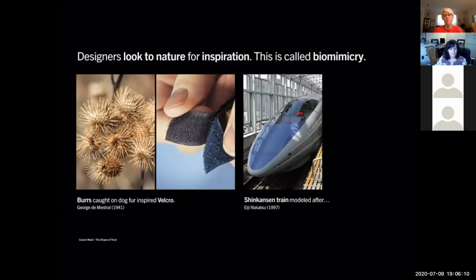Eiji Nakatsu, who designed the Shinkansen train in Japan, was an avid bird watcher. When redesigning the train, this new train that was supposed to go quite fast would have created a lot of noise. He looked to nature to ask, is there something that travels quickly and smoothly between two very different mediums?